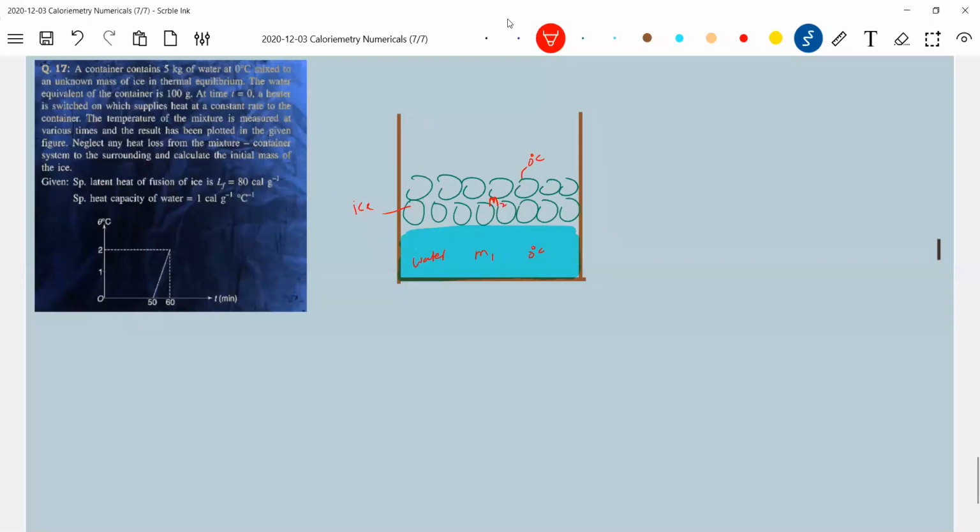The water equivalent of the calorimeter is 100 gram. At time t equals 0, a heater is switched on, which supplies heat at a constant rate to the container. There will be a heater coil. We'll close the container. So what is a heater coil?